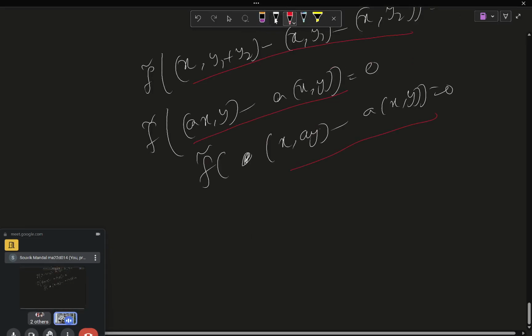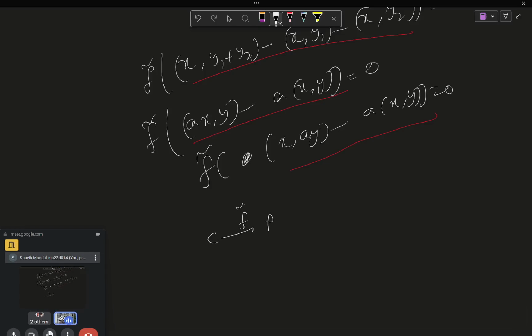So we have the map f tilde from C to P. Since it sends D to 0, we get a well-defined map from C by D to P such that f tilde composed with Q is equal to small f, right? Understand?